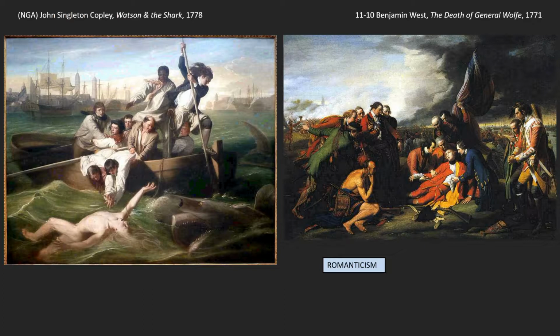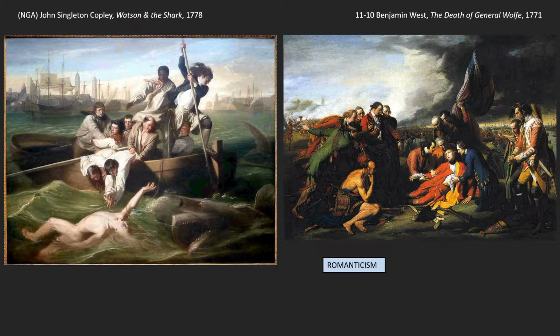So some pictures might be labeled neoclassical but have romantic characteristics, or labeled romantic and have neoclassical characteristics. Both of them run side by side. Rococo comes after Baroque, neoclassicism comes after Rococo. These two run parallel. Romanticism lasts a bit longer.